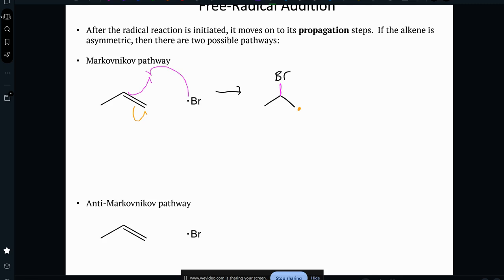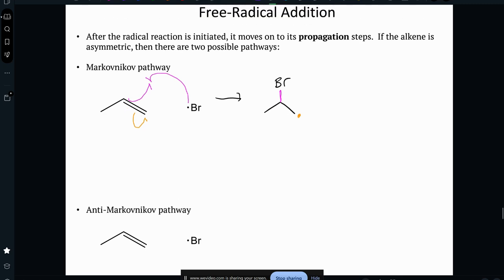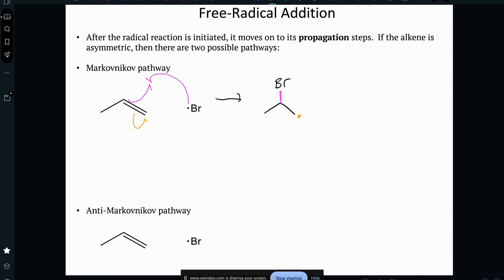And then my second step, and this is what we call propagation. During propagation, we're always going to regenerate our reactive radical. So this molecule can react with a molecule of HBr, where one electron from the HBr bond comes with the hydrogen and forms a bond to the radical. So that gives me my product.